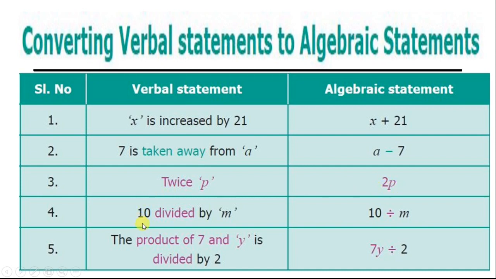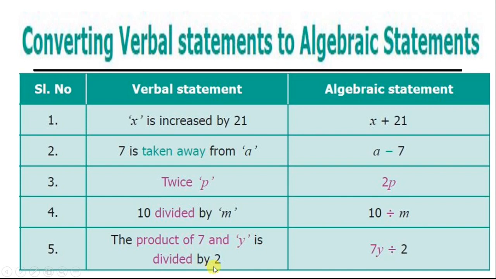Next we go for the fourth statement here: 10 divided by m. This is easy, because 10 divided by m is written with the division sign, since we are writing an algebraic statement. It should be like an equation, right? Or we can write 10 by m. Next one is the product of 7 and y is divided by 2.